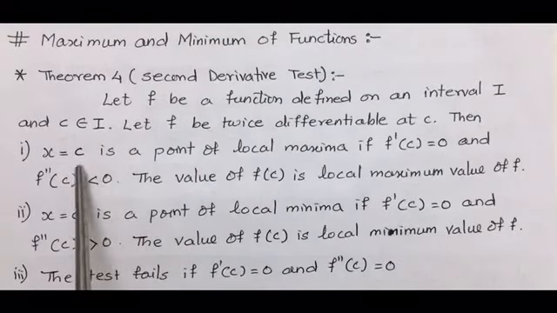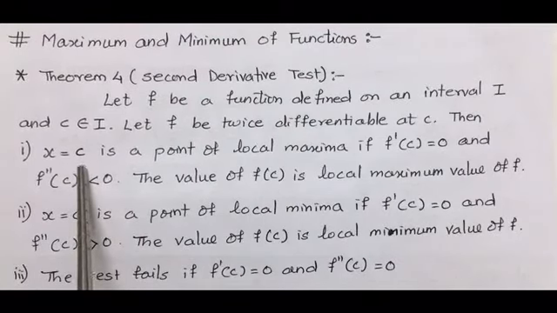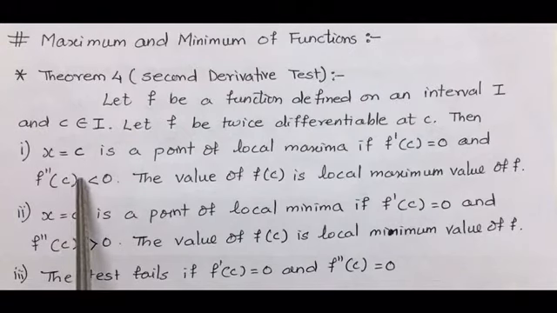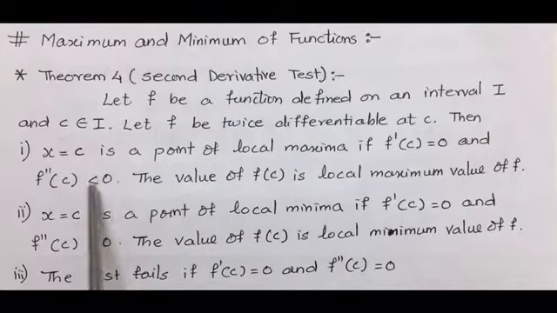Whatever the value of x we get, that value of x is kept in the second derivative. After calculation, if it is less than 0, that means if it is negative, then the function is maximum.